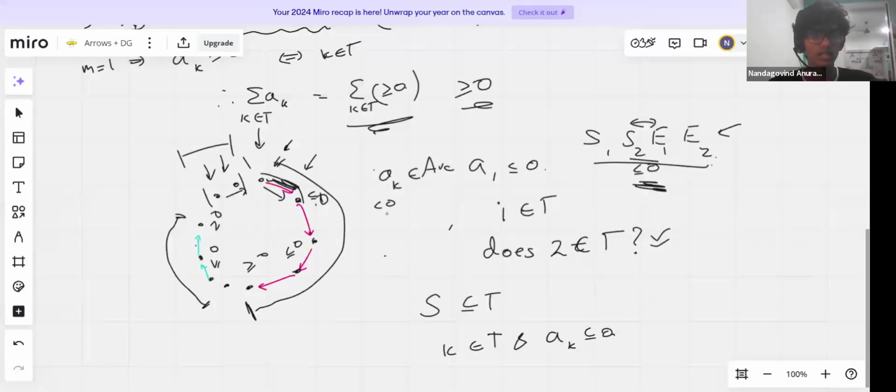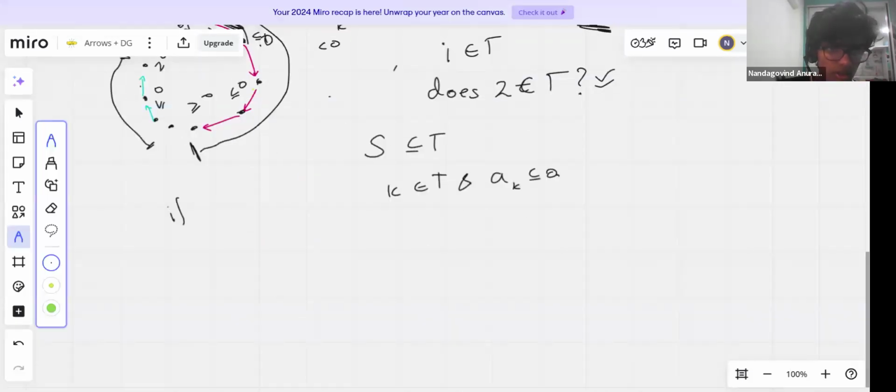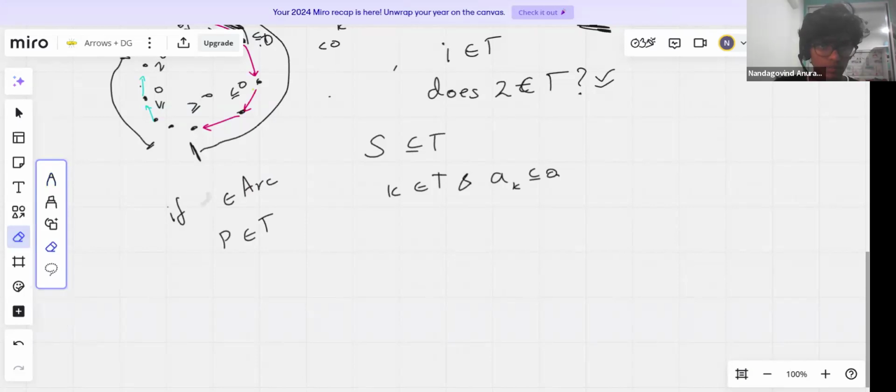And now what can I tell about every point in an arc? My following claim is such: if point P belongs to an arc, then P belongs to T.